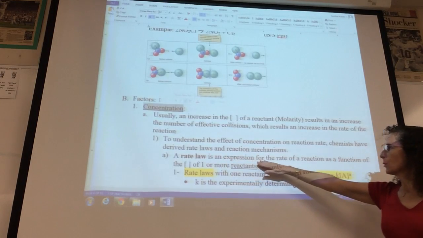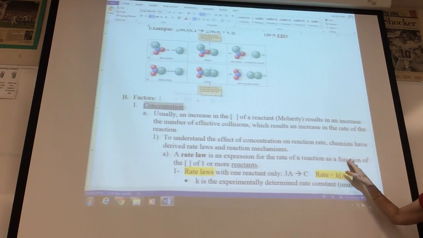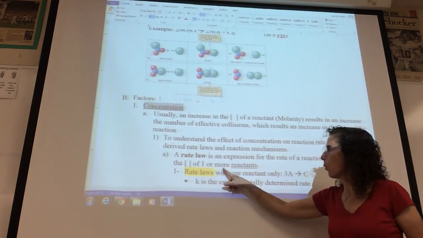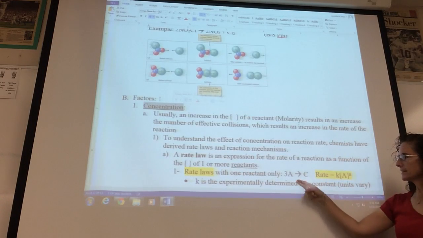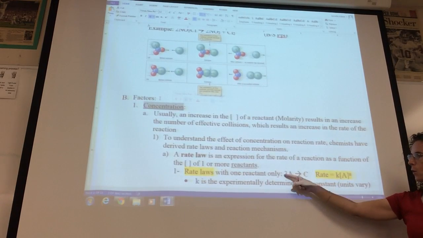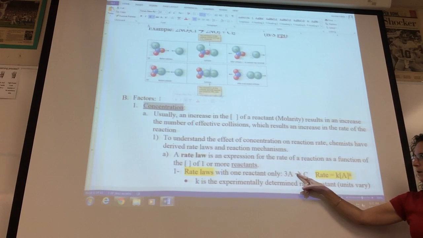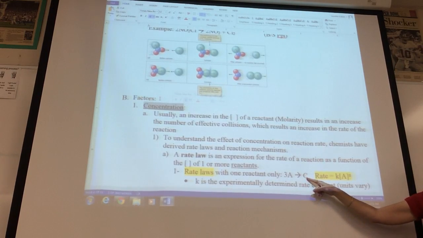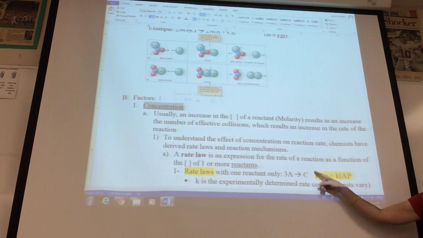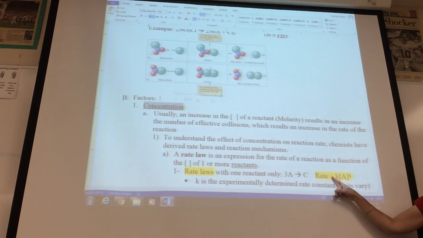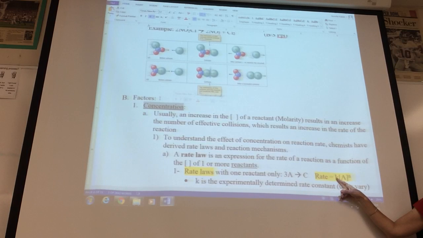A rate law is an expression for the reaction rate as a function of the concentration of one or more reactants. So for example, if this was your equation, 3 A's, so you've got reactant A being converted to product C, this is a rate law. Rate is equal to k. k is the proportionality constant.